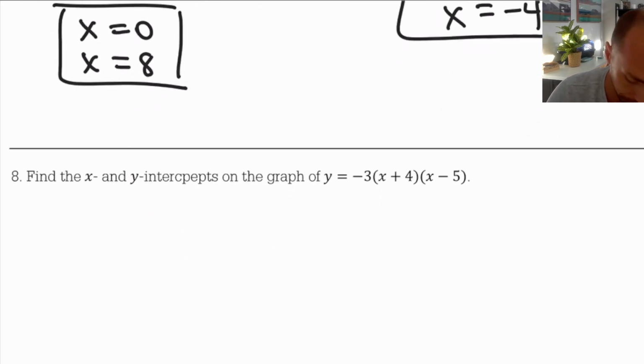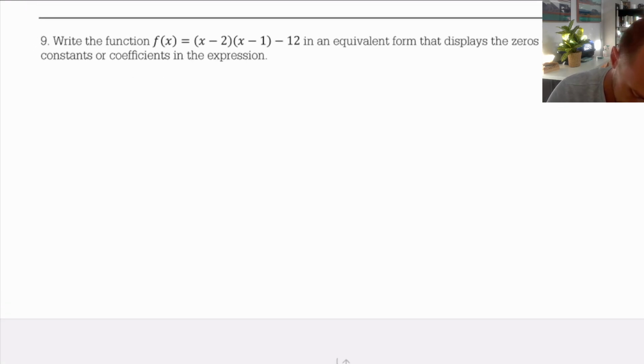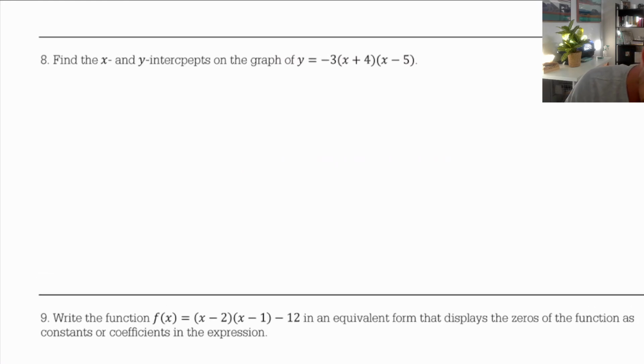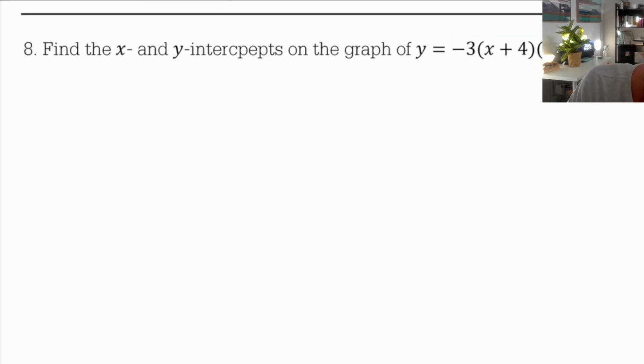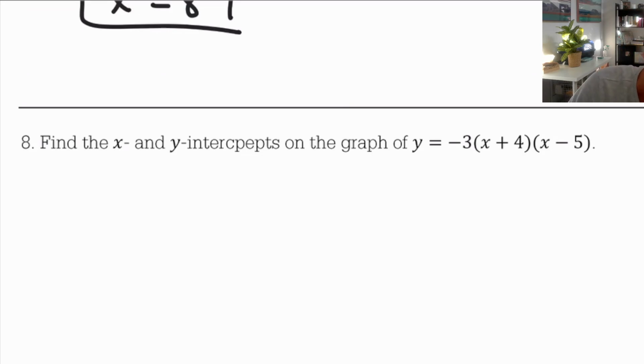Okay. Now number 8. This is going to be all yes. All right. So x and y intercepts on the graph of this function, which you are now able to see. So I would say x-intercept. That's where y equals 0.